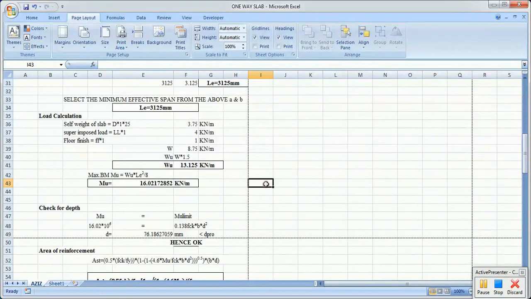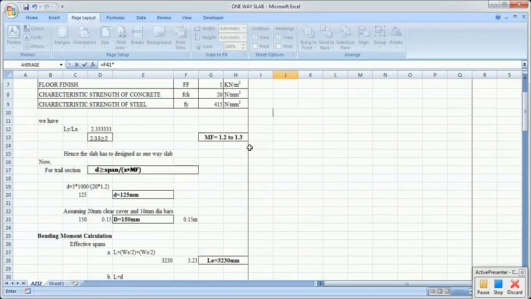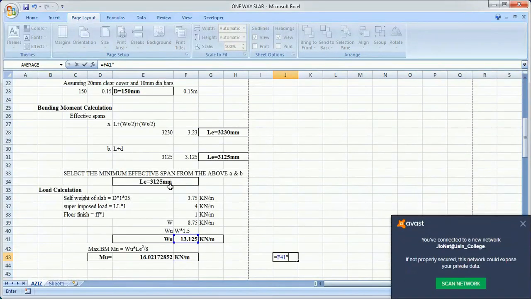So equal to, I can show it here, you have to start with always equal to, and the Wu is 13.125 into L, the span, we have calculated the span is L. So you can take this as 3.125 square, or raised to 2.